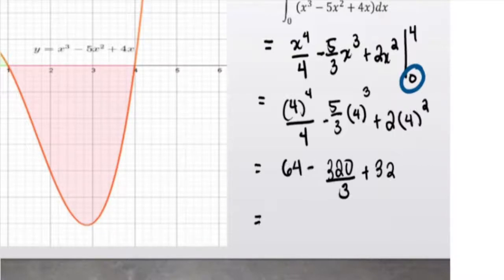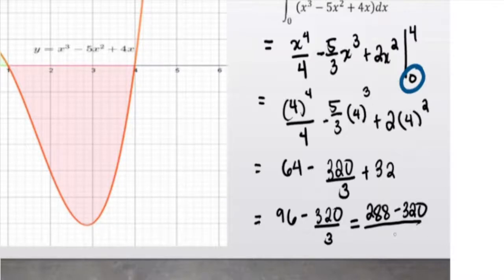We have 96 minus 320 over 3. This gives us 96 times 3 is 288 minus 320 over 3, which is negative 32 over 3.